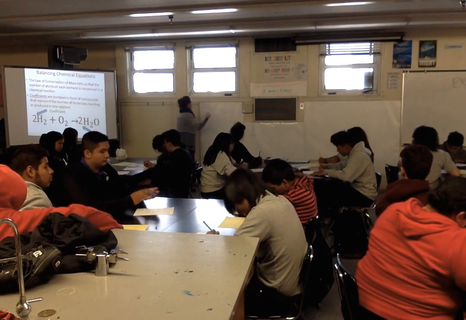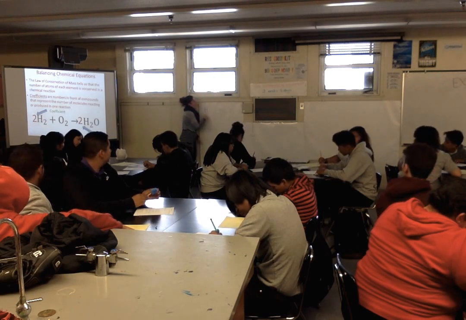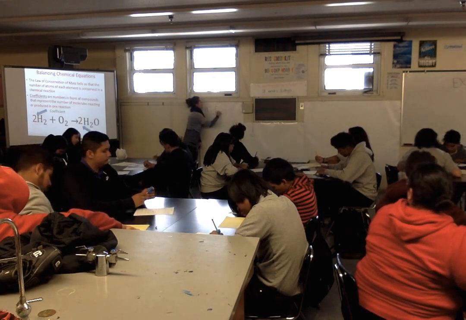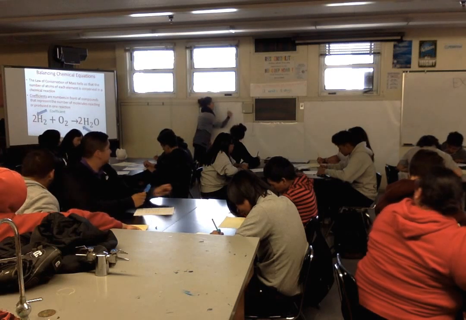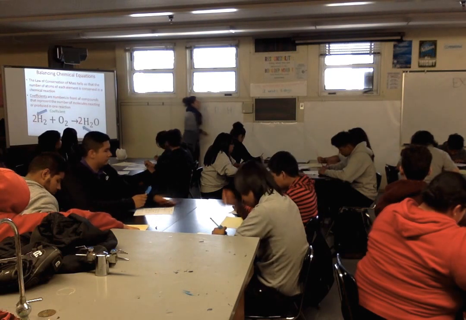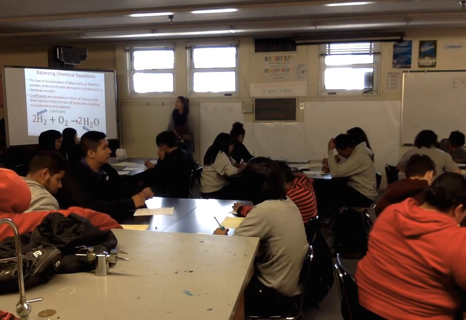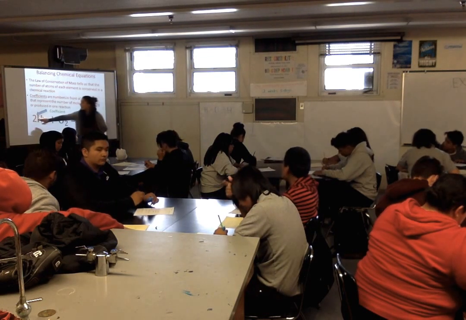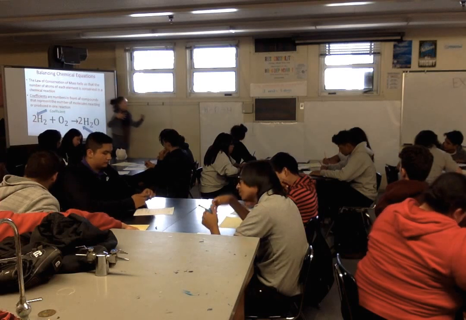Exactly. So if I'm dealing with water, that means I have a hydrogen atom, an oxygen atom, and another hydrogen atom. When these combine and bond together, all of a sudden I have a molecule. So the coefficient represents the addition of a molecule.